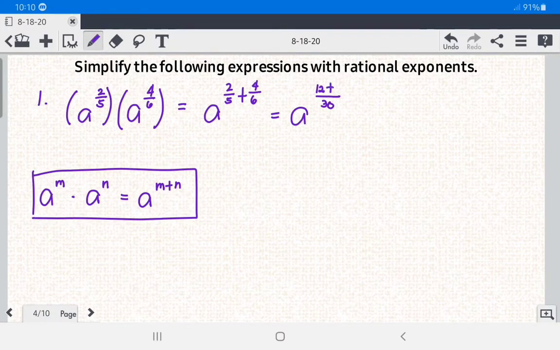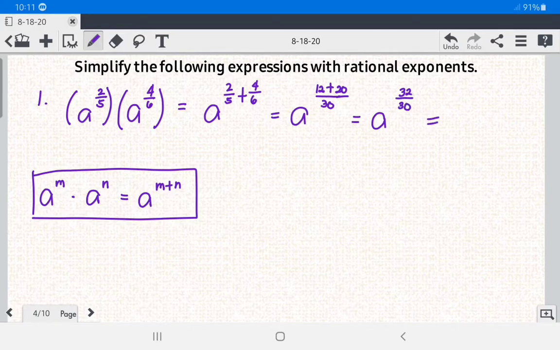Then plus this one, 30 divided by 6, we have 5, times 4, so we have 20. So plus 20. Then, after that, again, you will just copy a, then add the numerators. So we have 12 plus 20, so we have 32 over 30.